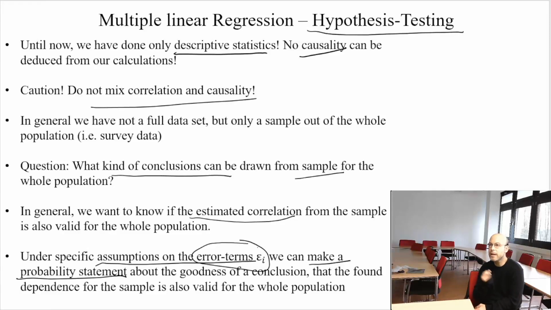So what we are doing then is, for example, the hypothesis test. Let's say we found in our sample an R² coefficient of determination of 0.8. Can we say with 90% probability that we also find in the whole population a coefficient of determination of 0.8?